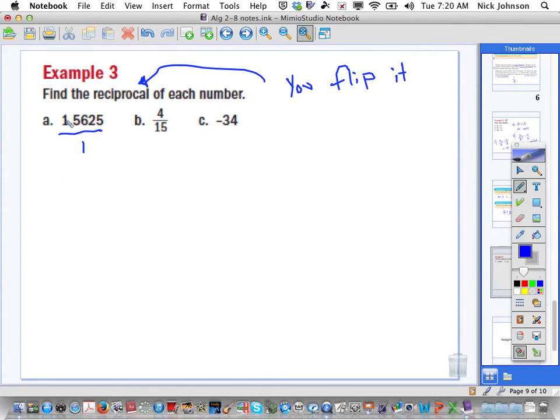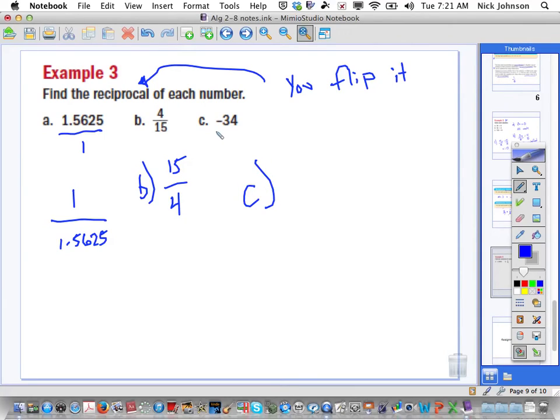The reciprocal of 1.5625 is 1 over 1.5625. All you do is take the denominator to the numerator and the numerator to the denominator, and that's your reciprocal. Fractions are very easy. 4/15, the reciprocal of 4/15 is 15 over 4.